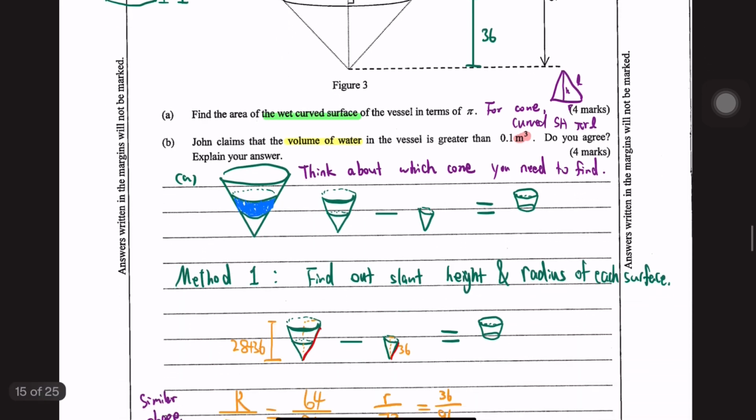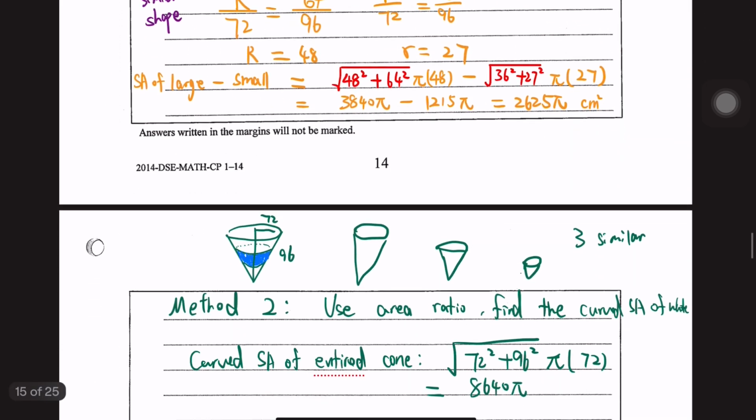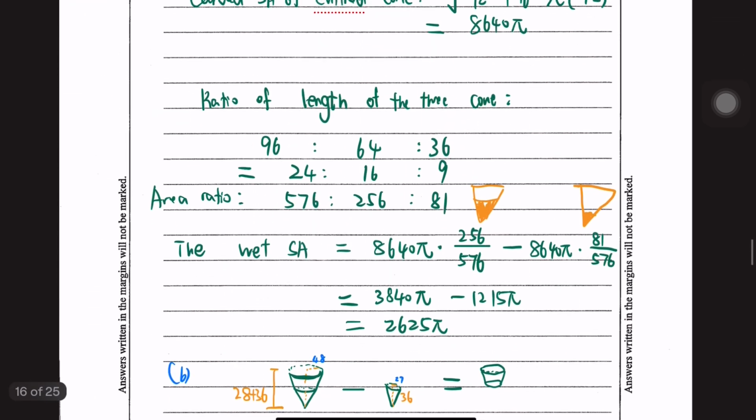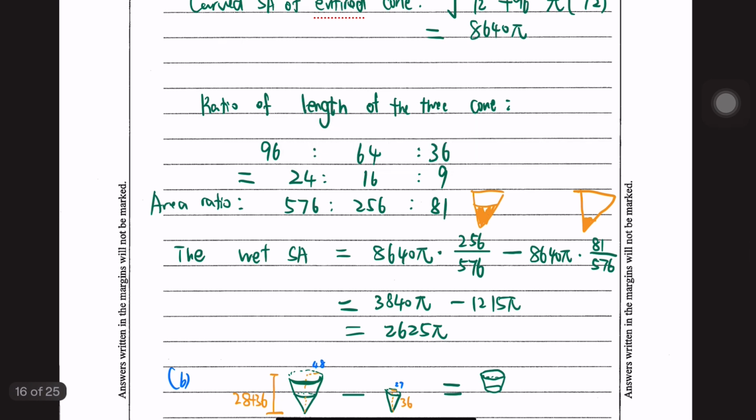So you need to change your unit at the end, okay? In this situation, actually we are finding the volume of the frustum. We are finding the amount of water. Actually, it's finding the volume of the frustum, okay? The middle frustum. So how to find it is still the largest cone minus the smaller cone. You will have the middle part.